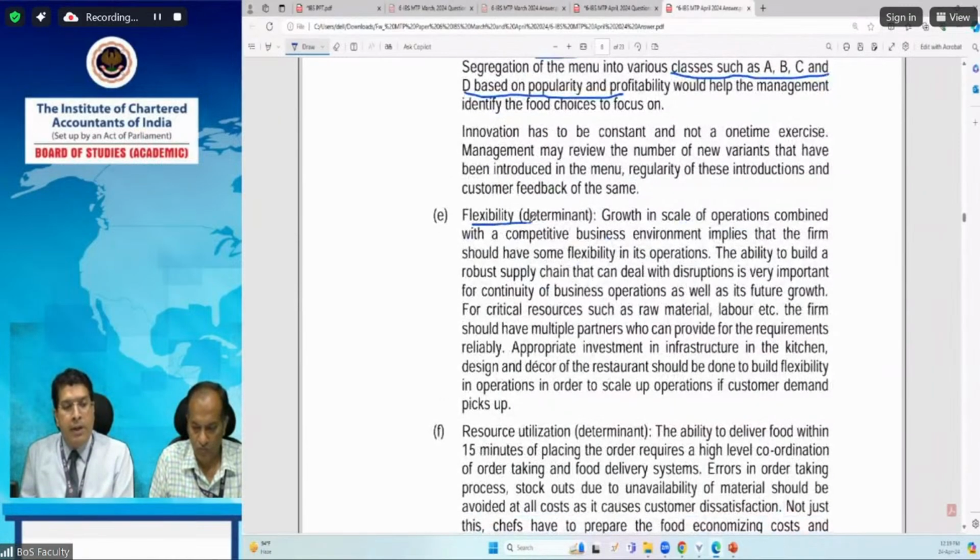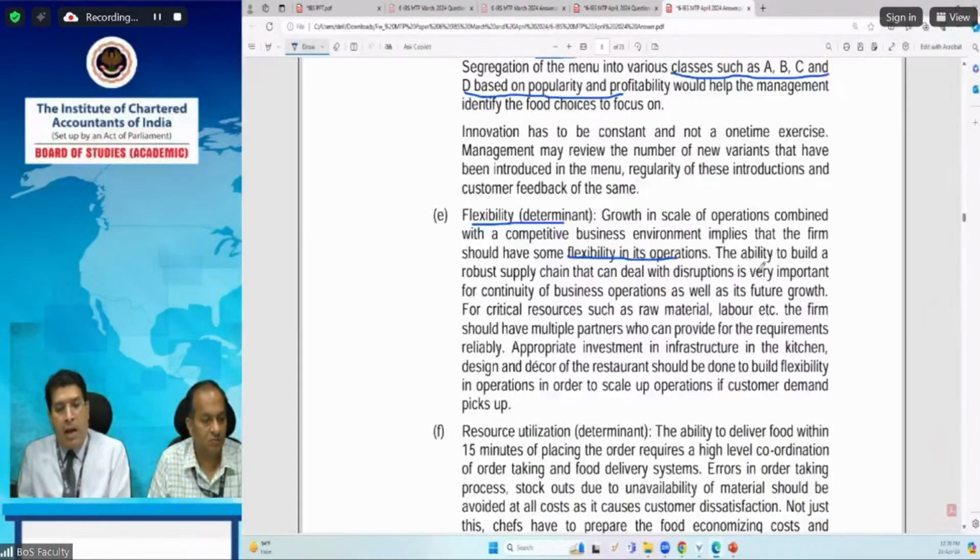Regarding flexibility, for example, if there is a shortage in raw material, labor, etc., it means your supply chain should be dynamic. That's why this part deals with flexibility in operations or a dynamic supply chain.